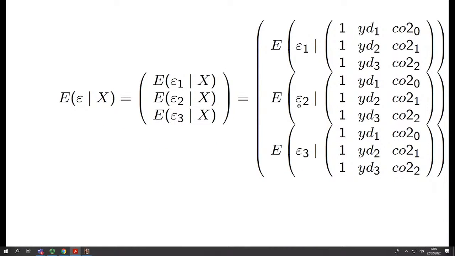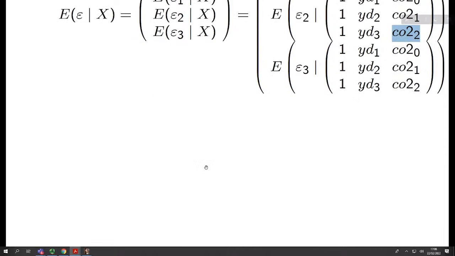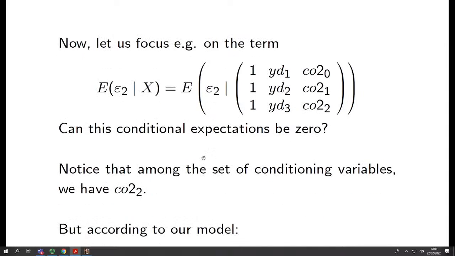So I'm considering the expected value of the error term at time 2, conditioning on X. It means conditioning with respect to all random variables in the X matrix. In this matrix, I also have CO2 emission at time 2. Think about that. And indeed, the slide is exactly the example.